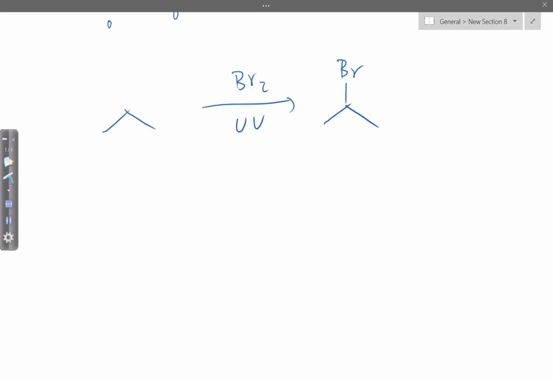We already have one achiral. This is chiral. Now, what if I put it here? Still chiral. If I put it here? Achiral, because there's a mirror plane.